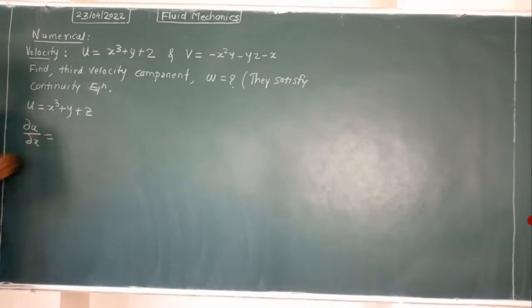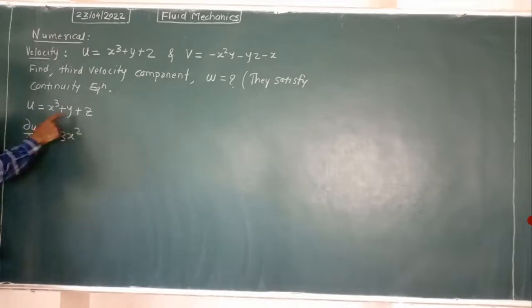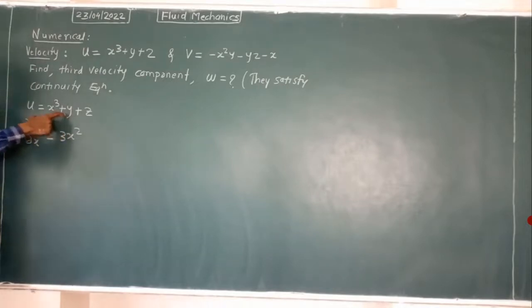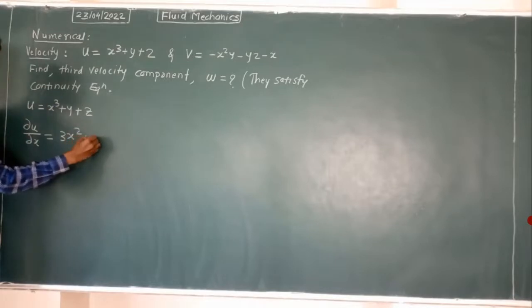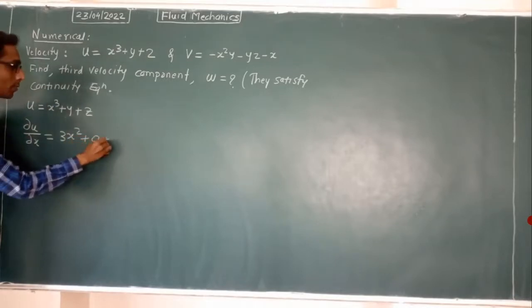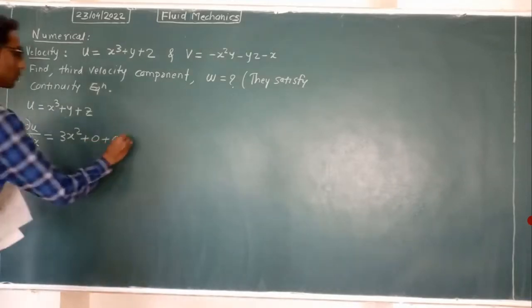How to find that? Differentiation of x cube with respect to x is 3x square. In partial differentiation with respect to x, y is constant and z is also constant. That is why for these two terms the differentiation will be 0. So dou u by dou x is 3x square.